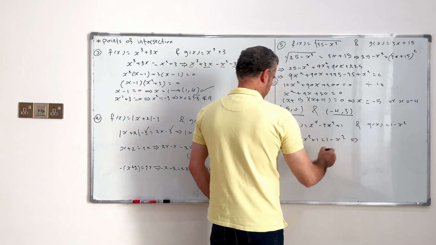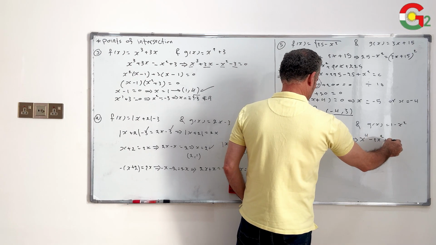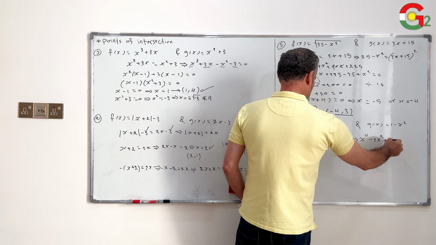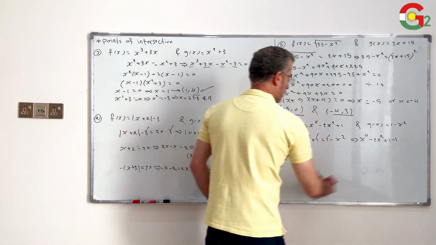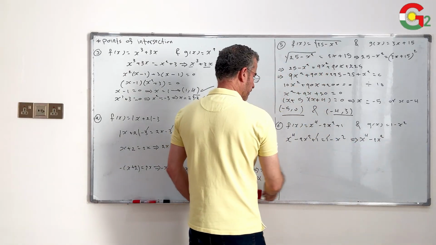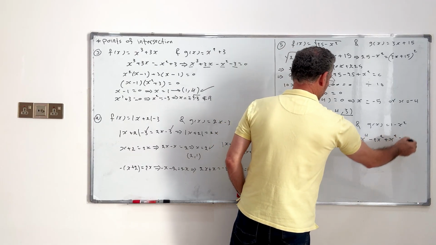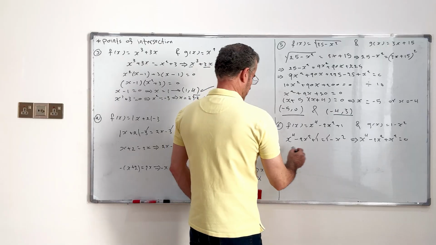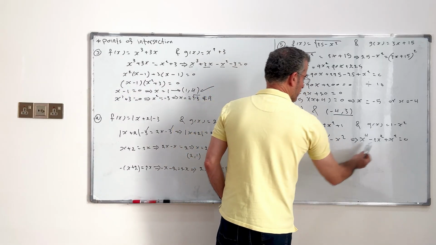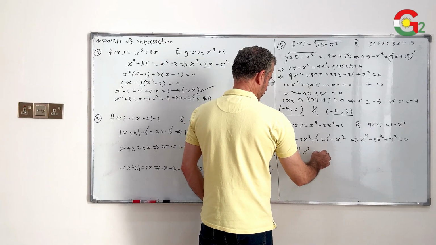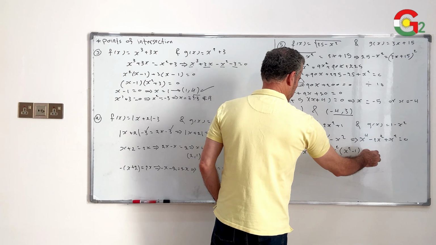Take all terms to one side, then x to the 4 minus 2x squared plus 1 minus 1, I can reduce this one with this one, then it will be plus x squared equal to 0. Then x to the 4 minus x squared equal to 0. Factor by x squared, then x squared minus 1 equal to 0.